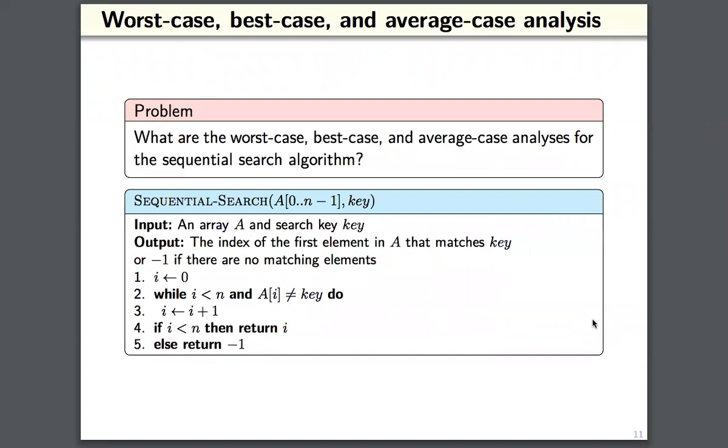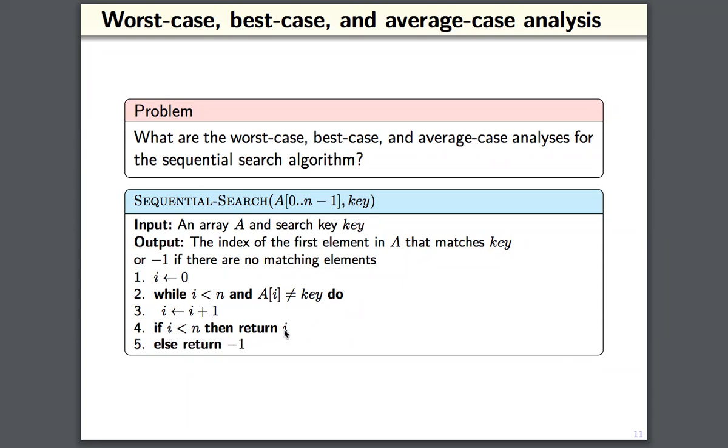Okay, so what is the worst case, best case, average case analysis or complexity for this searching? Suppose you have an array, n numbers are there, right? You are searching for an element key. I won't go over this pseudocode. This is very simple. i is equal to 0; while i is less than n and A[i] is not equal to key, i is equal to i plus 1.